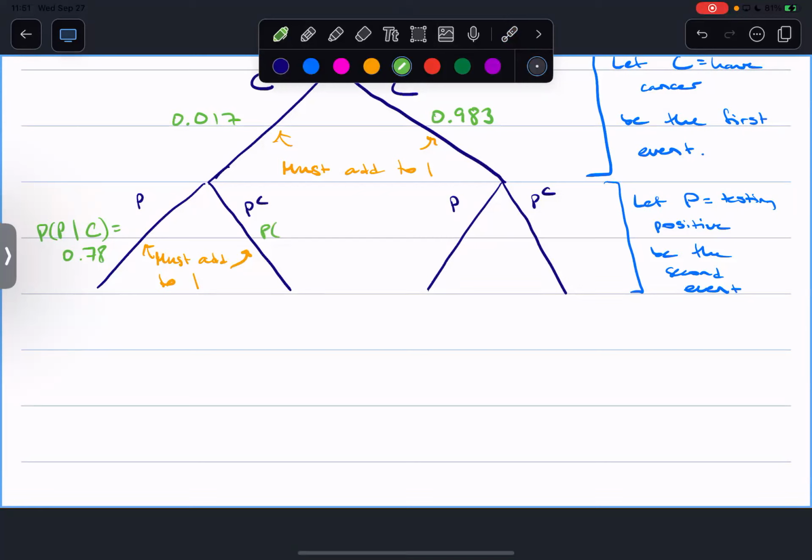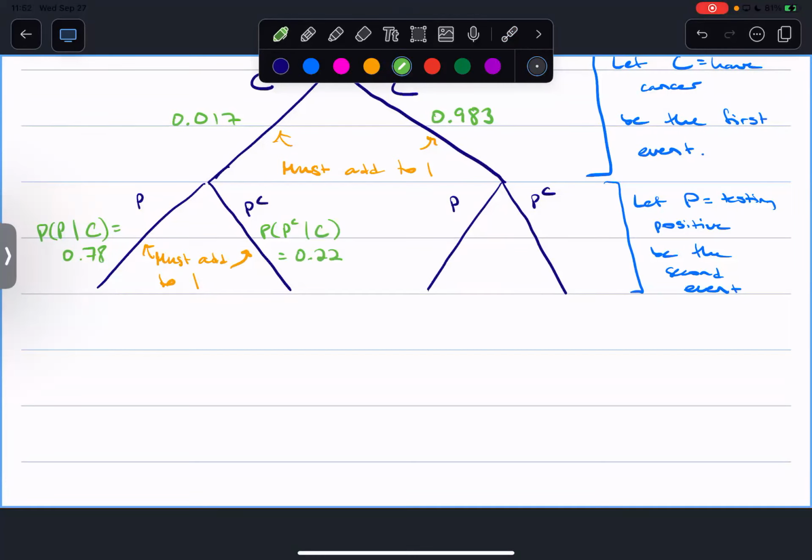So the probability of not testing positive, given that they have cancer, is 1 minus 0.78, which is 0.22. With my cheat sheet, I should pull it up better. It's so small. All right, we're doing good.